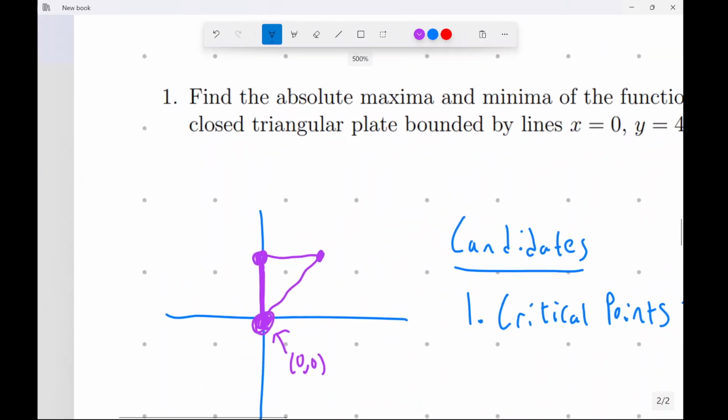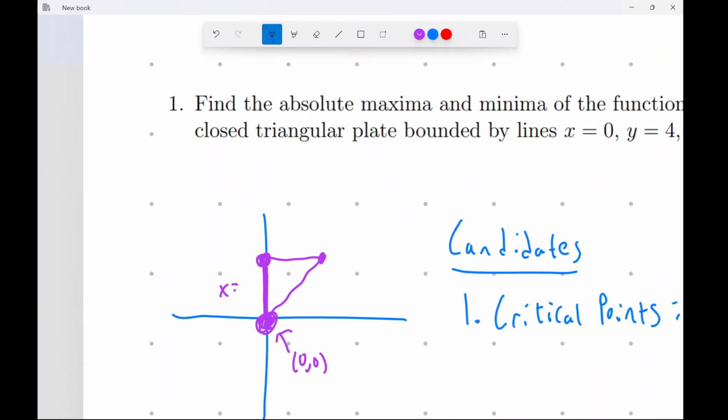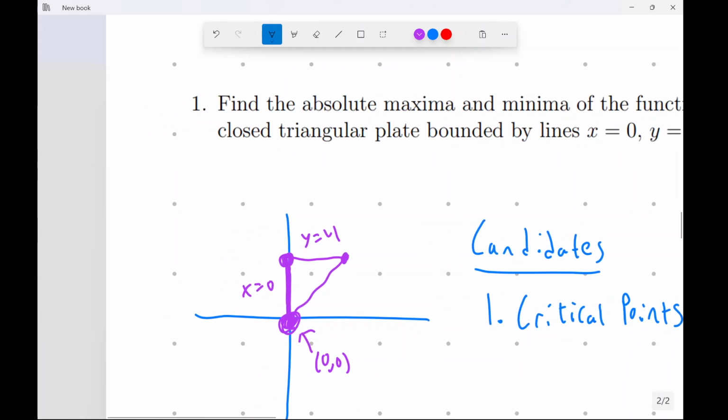The second one, this line here is x equals 0, and this one here is y equals 4. And so their intersection is going to be where x equals 0 and y equals 4. And this last one, it's on the curve y equals 4, so we know that the y value has to be 4. And it's also on the curve y equals x, so we know that y has to equal x. So that point is 4, 4.